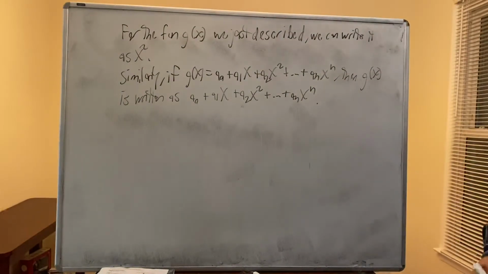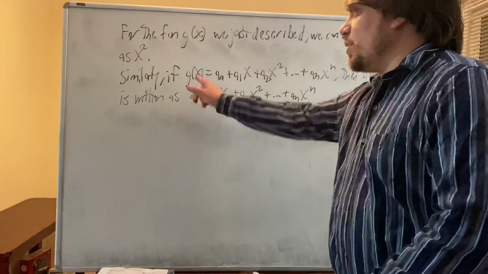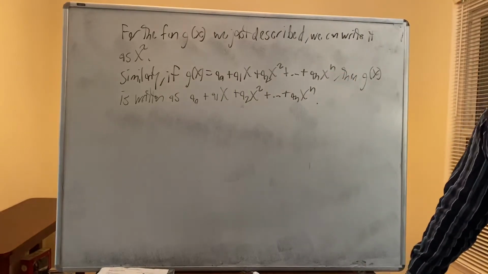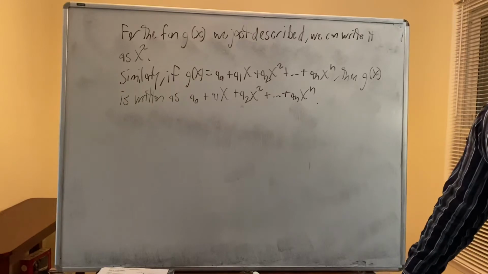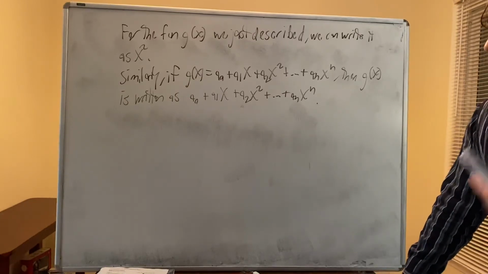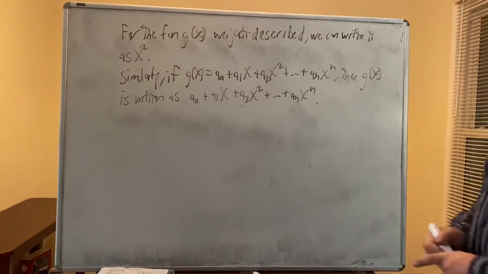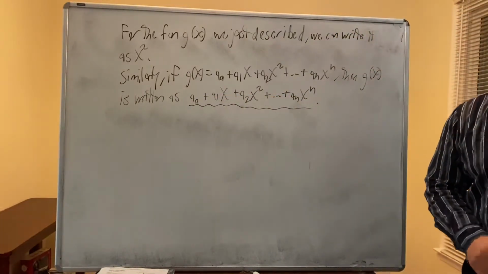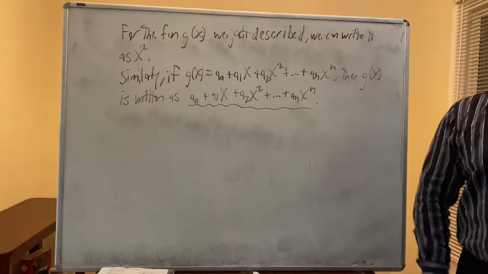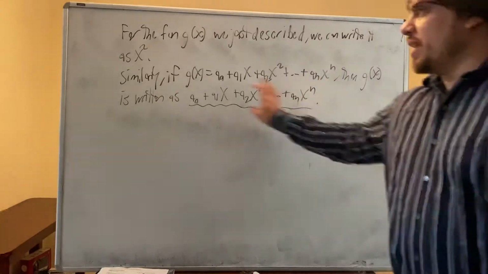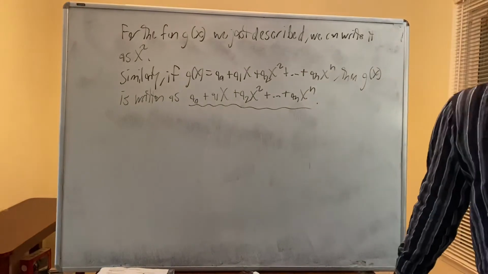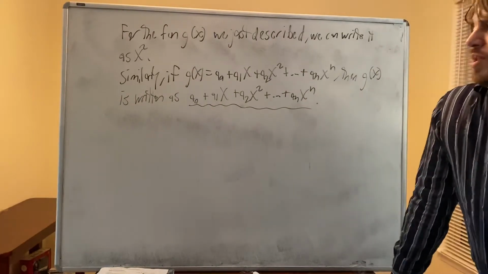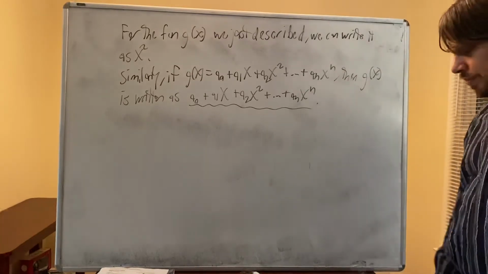Okay, so what this means is, if you were to define your g of x as a random variable equal to that polynomial, instead of defining a random variable g of x, you could just say that this polynomial is another random variable, given that the x in the expression is a random variable.